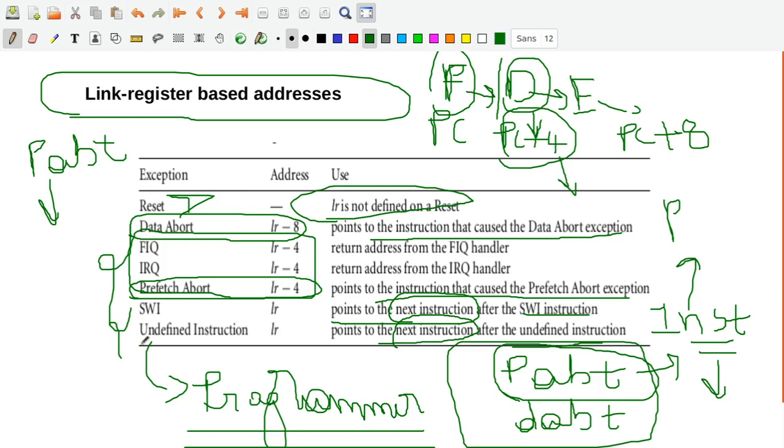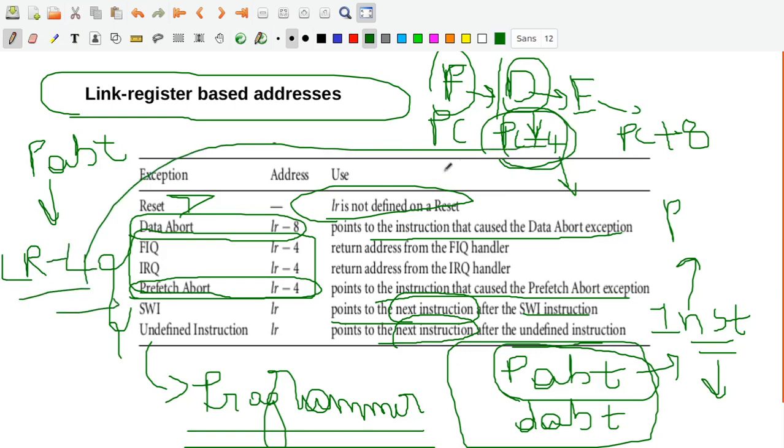Since PC plus 4 is there, you subtract 4 from the link register so that the minus 4 and plus 4 cancel. The same PC is then in the link register. That's why LR minus 4 is written for the return address.